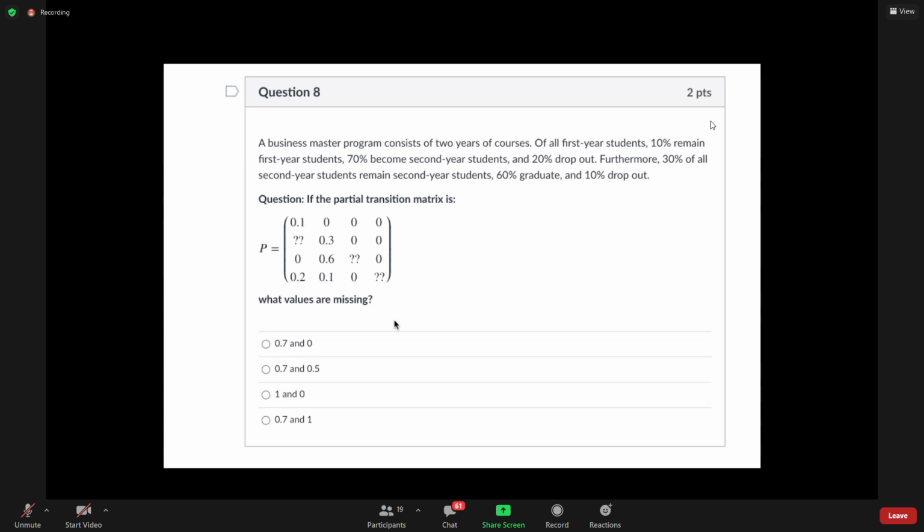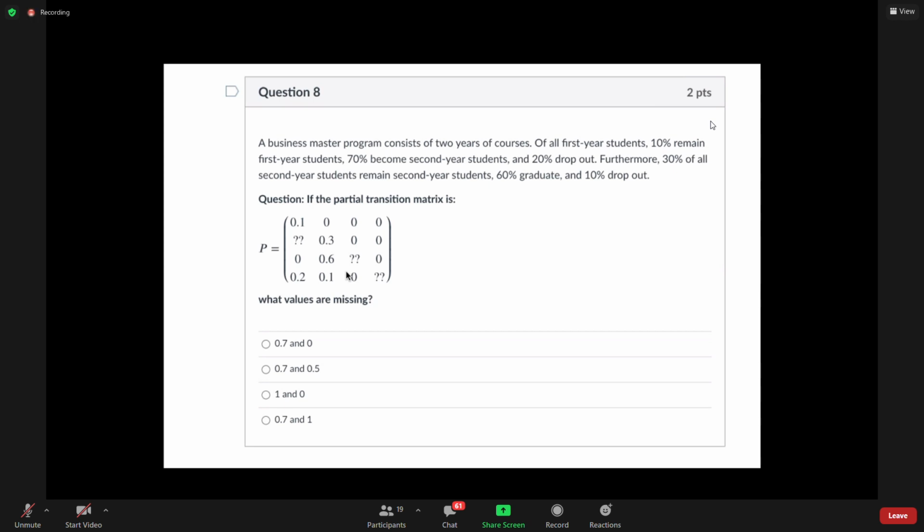This is our partial transition matrix that they have already created for us. And it consists of 4 columns of probabilities, and it's a 4x4 matrix, right? In which they have included these percentages of what happens throughout the years with our percentage of students.